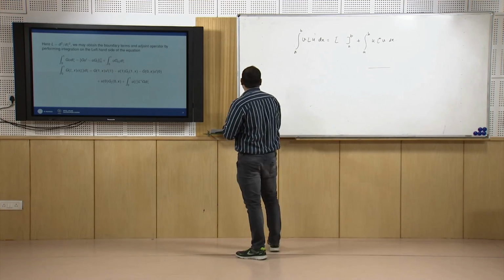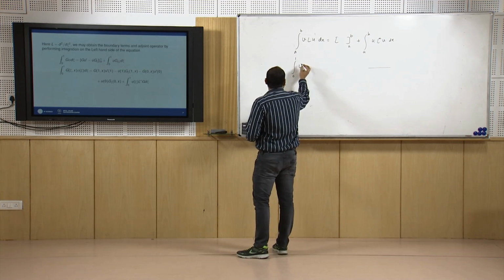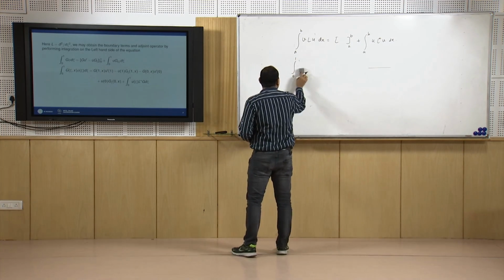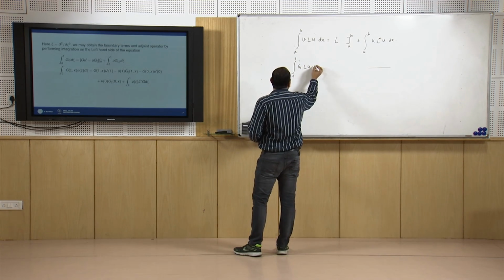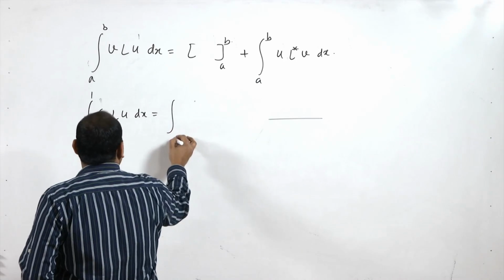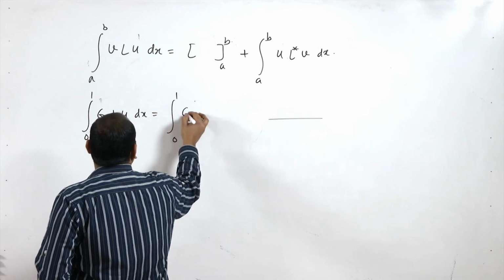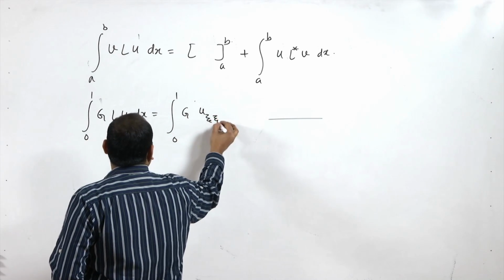So here we have the integral from 0 to 1 of v, which is replaced by g now. So the integral of g L u dx is equal to, I am writing here, the integral from 0 to 1 of g and L of u(xi) d xi.